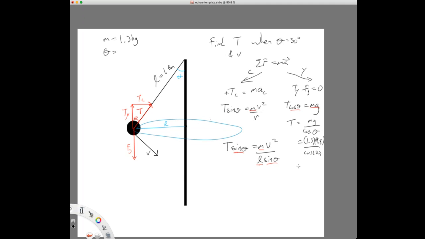Okay, so that is 14.71 meters. Sorry, newtons, not meters.